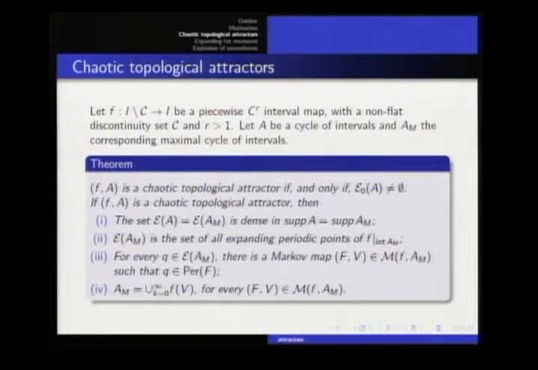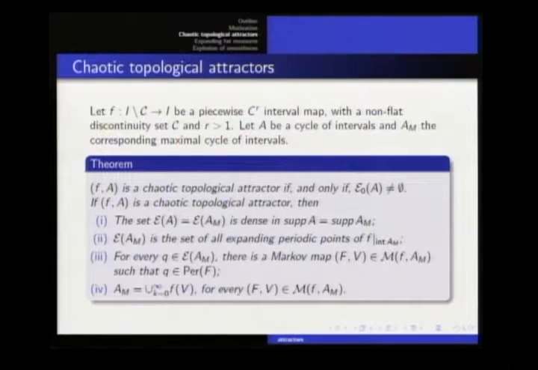So that's okay. So now, to know that we have a chaotic topological attractor, it is enough to have this one periodic orbit with a non-trivial alpha limit set. And now if we have this chaotic topological attractor, it has several nice properties that these chaotic topological attractors usually have. So now I drop this 0, I have this epsilon A, so now all these periodic orbits are expanding.